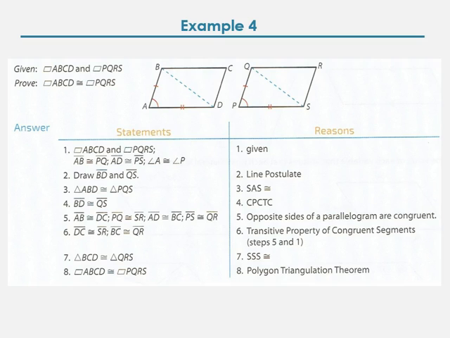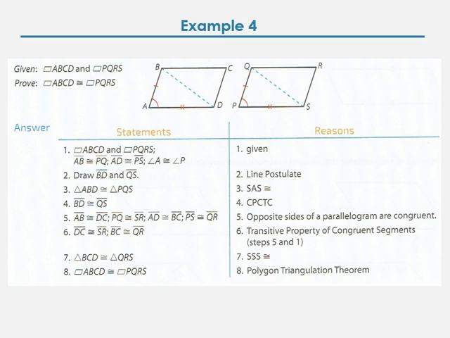We're now allowed to draw BD and QS using the line postulate. And we've created these triangles. We have triangle ABD, and it's congruent to triangle PQS, and that's by side, angle, side. We can now state that BD is congruent to QS.